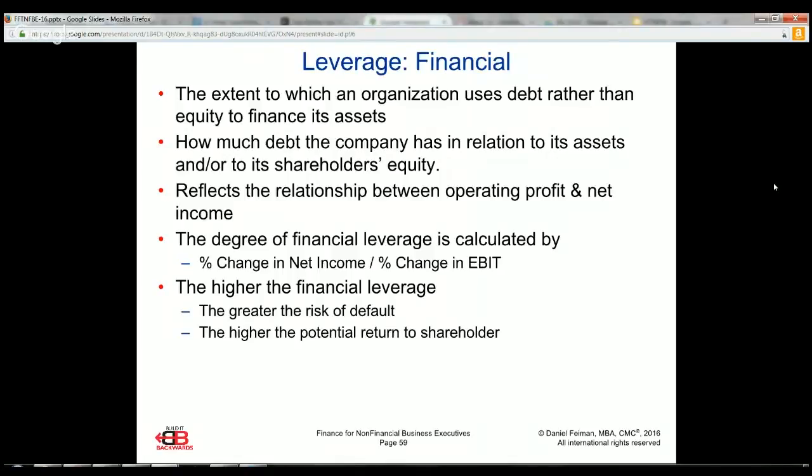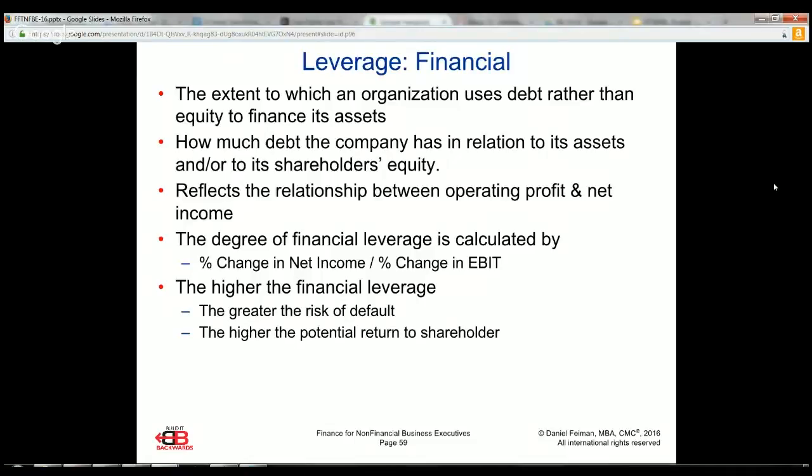So our financial leverage is 2 to 1. For every change in operating profit, EBIT, we'll have twice that amount of change in net income. We have an increase in our operating profit of 15% times 2. We can predict a 30% increase in net income.